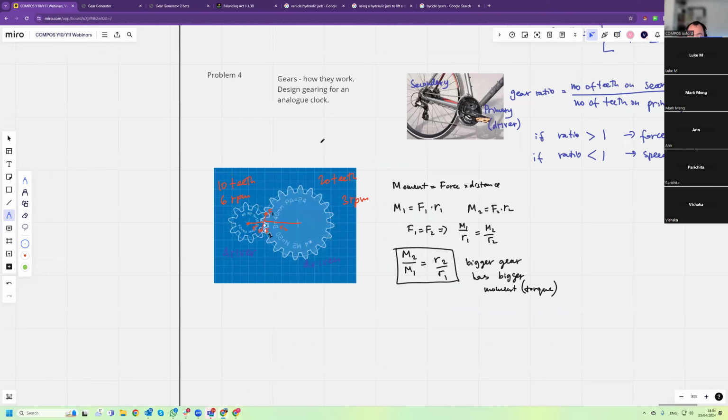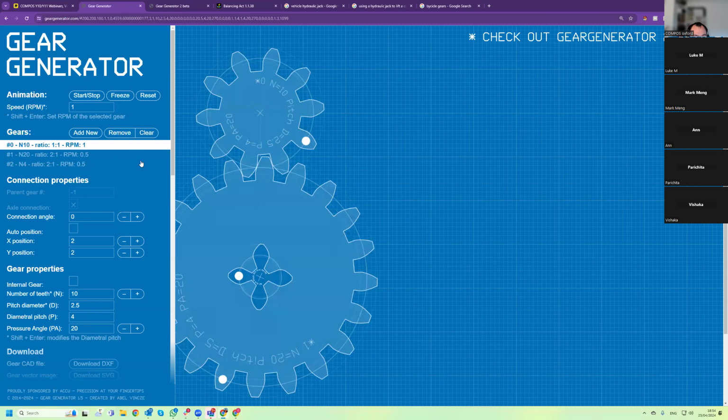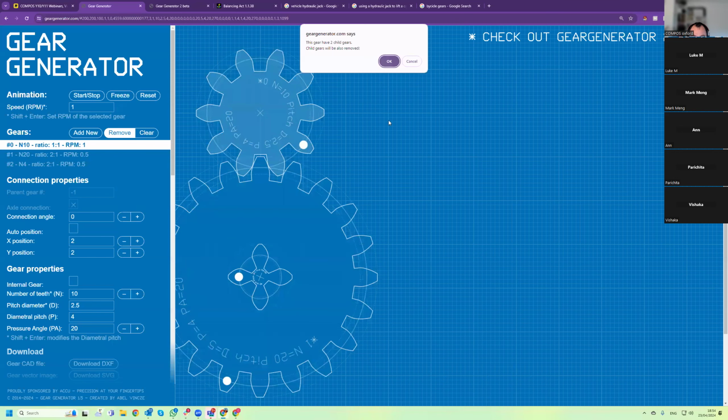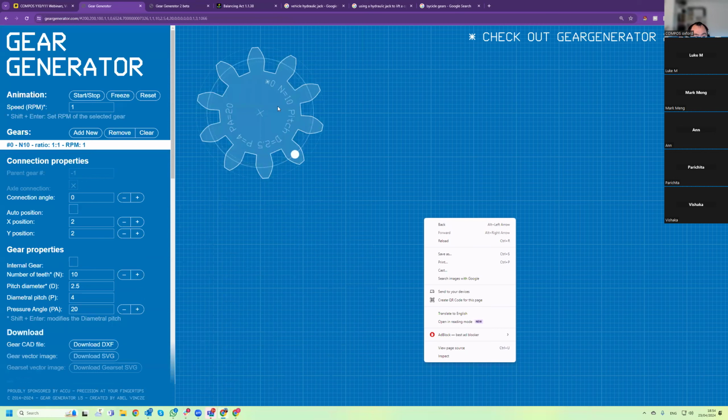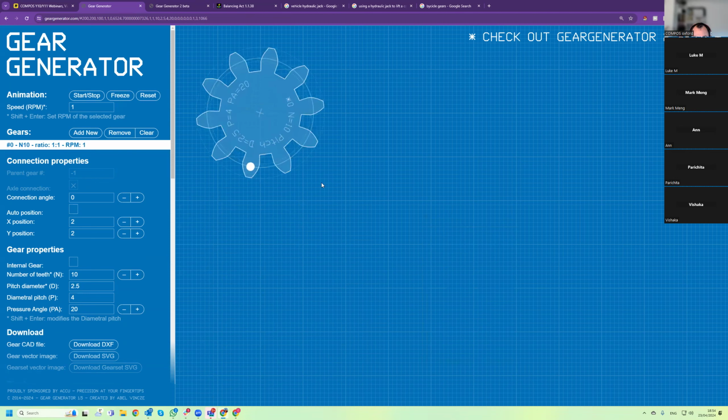Design gearing for an analog clock. So it's gear generator. So for an analog clock, well, we know that an analog clock has the second arrow, the minute arrow, and the hour arrow.